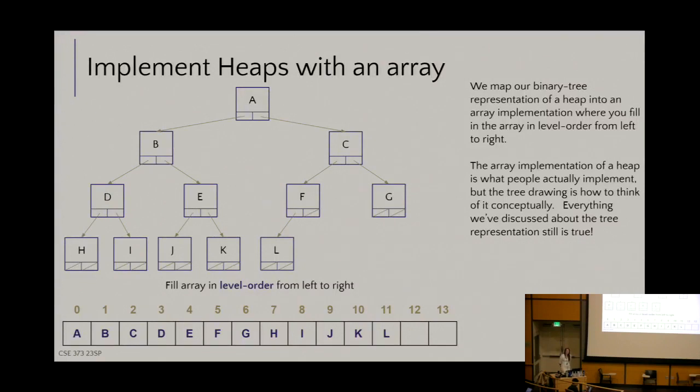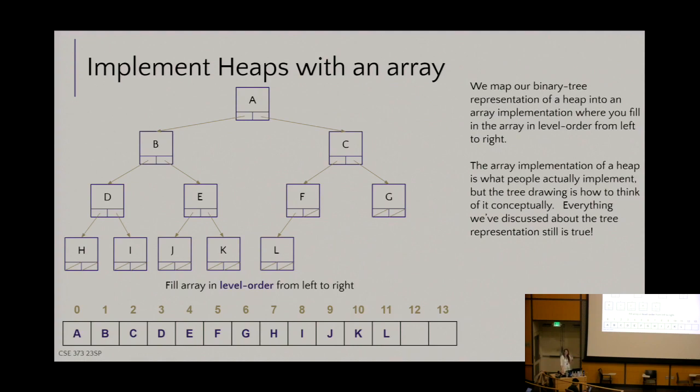So keep the structure of a heap as a tree in your mind, but no one actually implements heaps with trees. No one makes nodes and does the references. Instead, what we do is we store the values in an array and we use a set of equations to tell us how to get from any given index to either its parent or its left child or its right child.